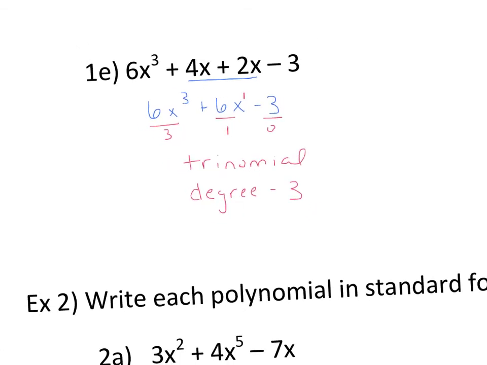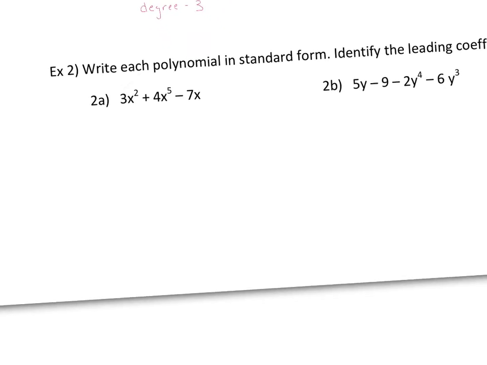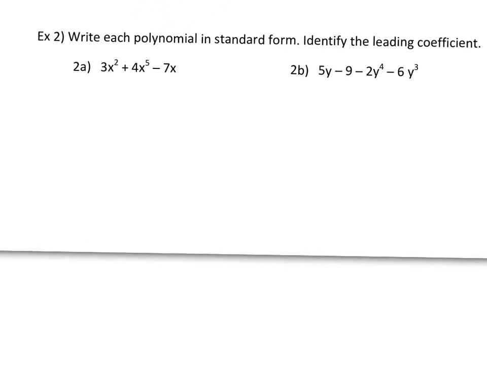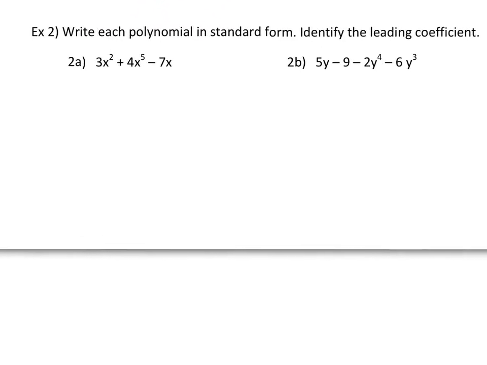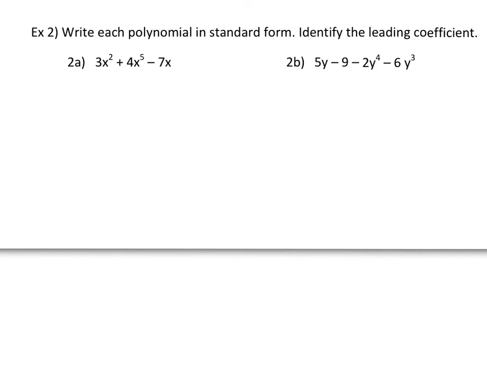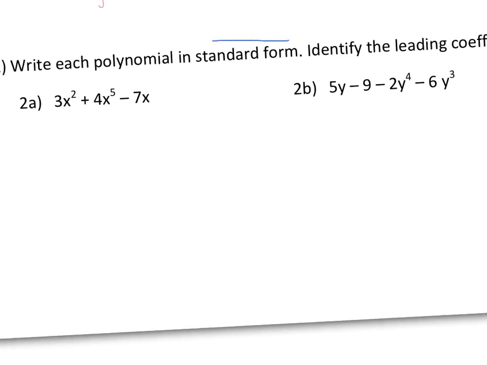All right, and now let's go down and look at example number 2. For example number 2, it says write each polynomial in standard form and then identify the leading coefficient. So standard form, guys, just means put it from the biggest exponent. I'm going to zoom in here just a little bit.